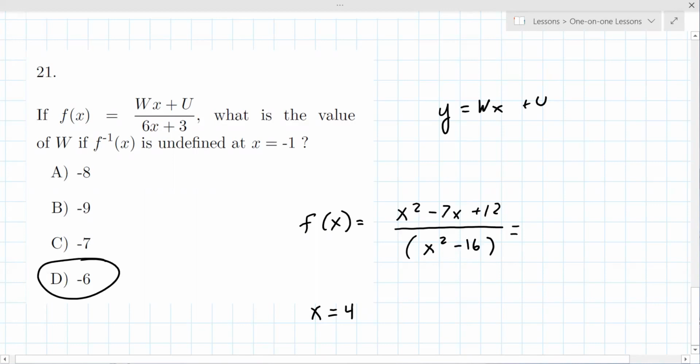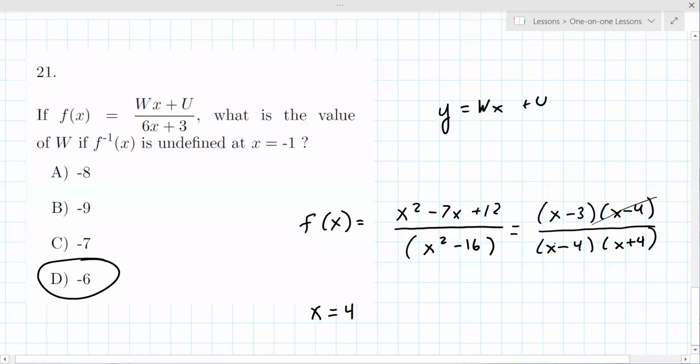Whenever you see a rational thing like this, you generally want to factor each of these. So the top factors into x minus 3, x minus 4, and the bottom factors into x minus 4, x plus 4. So you want to be really comfortable with your factoring. But it still doesn't answer this question, like what happens at 4 here?